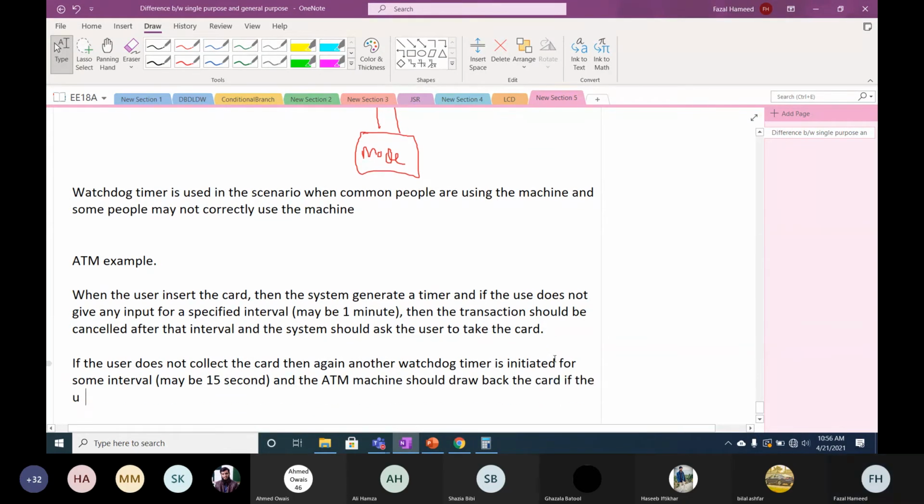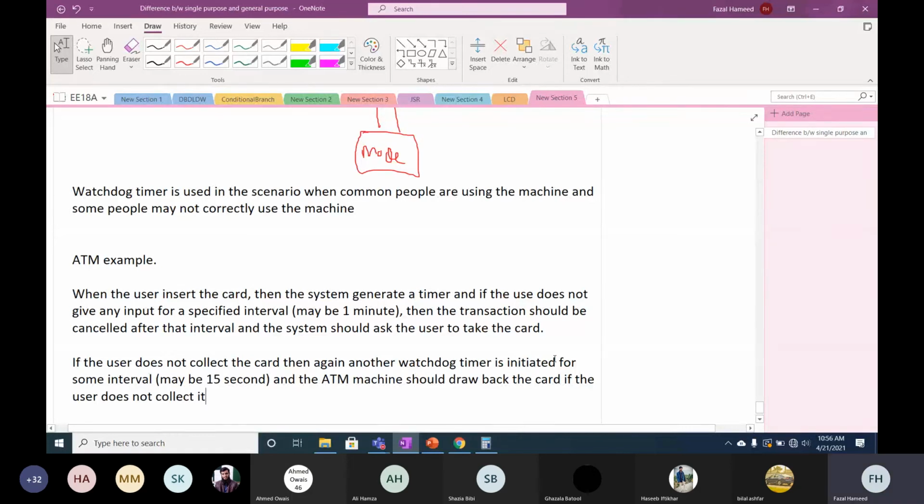If the user does not collect it, the system should be initialized to the initial state.